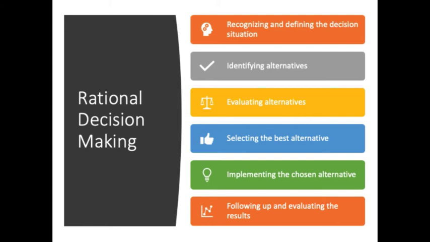Realize that from there, however, rational decision making isn't complete until you've gotten to step number 6, which is to follow up and evaluate the results you've gotten from your execution of the chosen alternative. Because then you have to measure and assess, did you get the desired result from executing on the decision you chose?